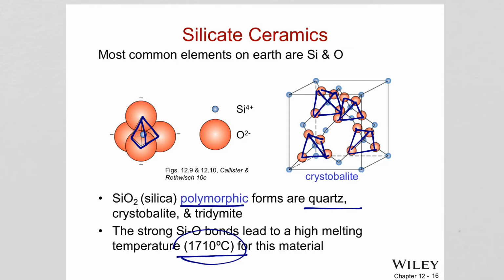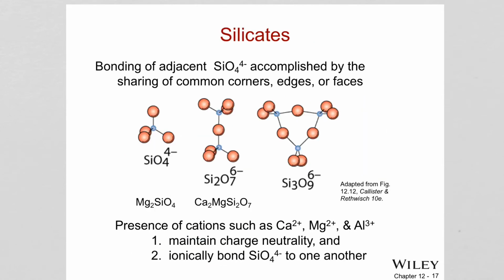So here are some silicates, and 1, 2, or 3 of the corner oxygen atoms of that silicon tetrahedron can be shared. As you can see, this is the silicon tetrahedron here, and they can share one oxygen like that.